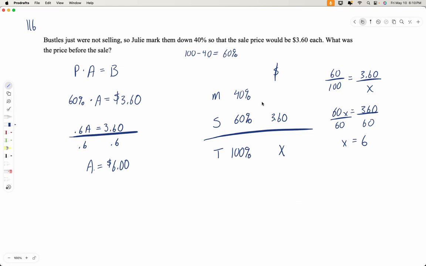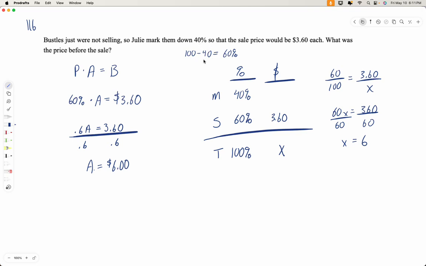Setting up the table gives you this part right here very clearly and plainly and helps you with the logic of it. But if you can get to this point without skipping it, like if you put the 40% here, you would not get the right answer, right? You've got to put 60% here. So if you can't see this, do the table. But if it occurs to you normally that this is the markdown, the markdown is not what you pay. What's left is what you pay after they take the markdown off.